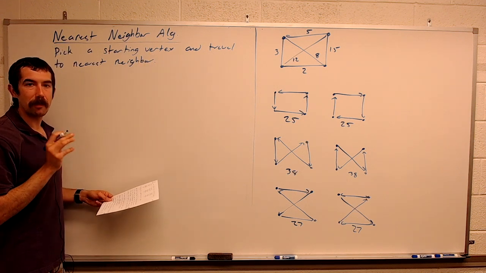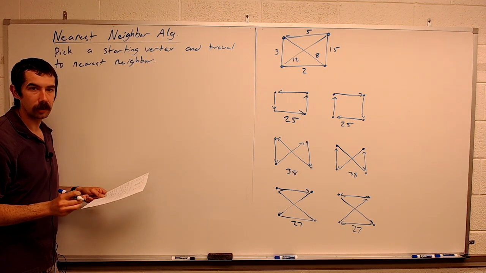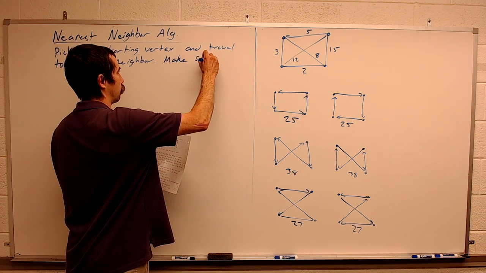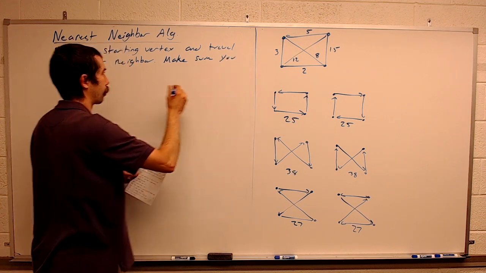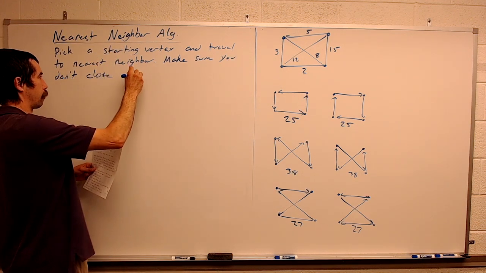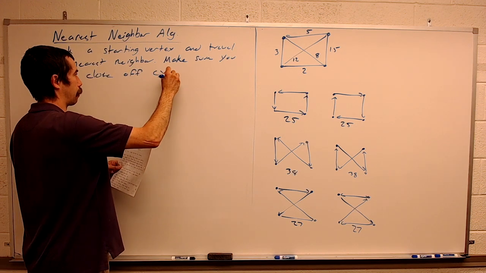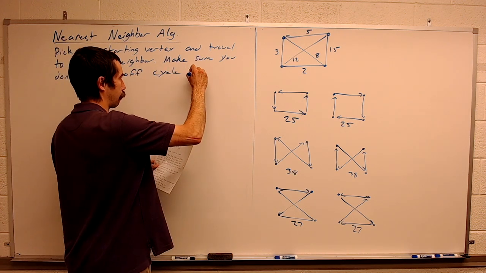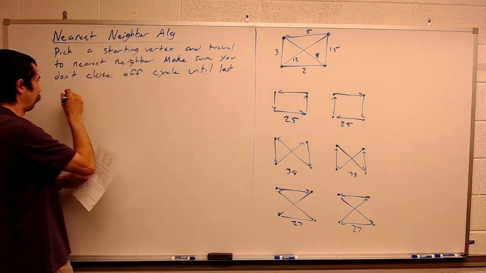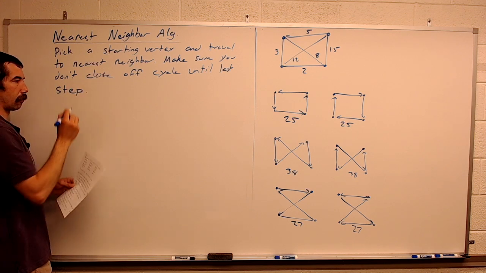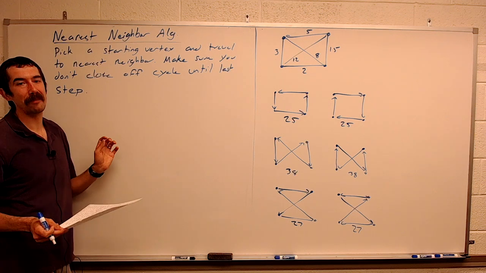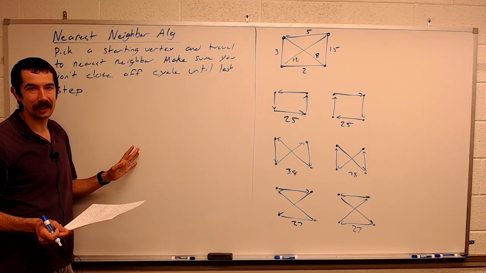We just have to make sure we don't close off the cycle too early. We do have to make sure we hit every single vertex. So there's going to be some times we're going to have to actually jump over one of the shortest edges and try a different one.